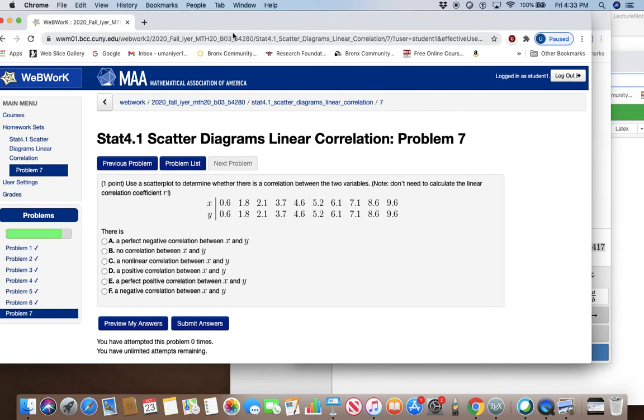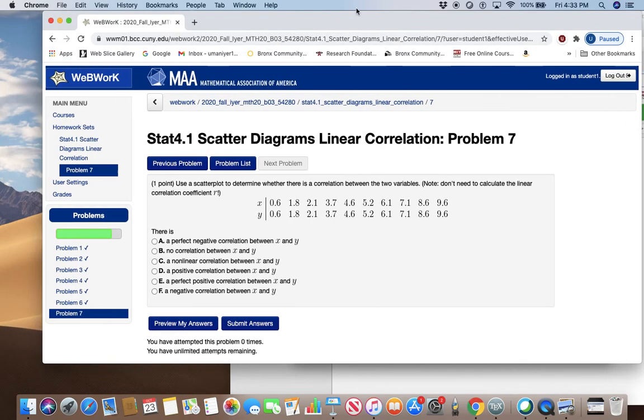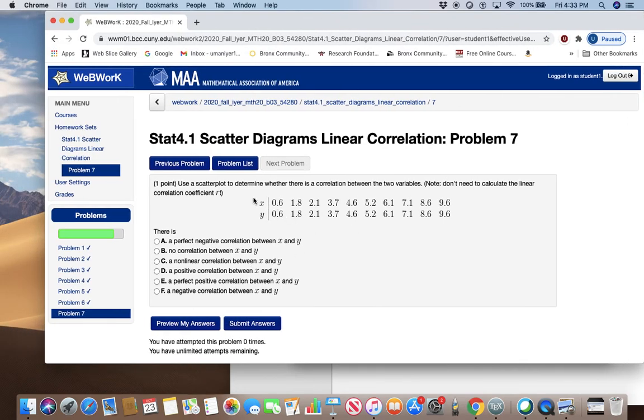Next problem. It's a multiple choice. Let's quickly go over it. You have a scatter plot. Let's look at x. These are the x values, and wait a minute, these are the y values. So what does that mean?